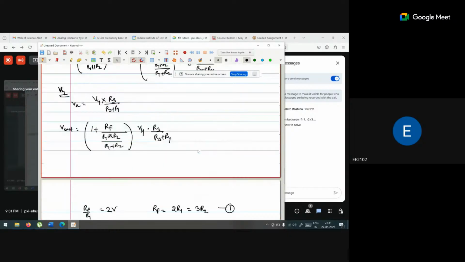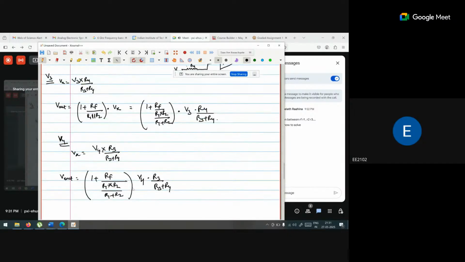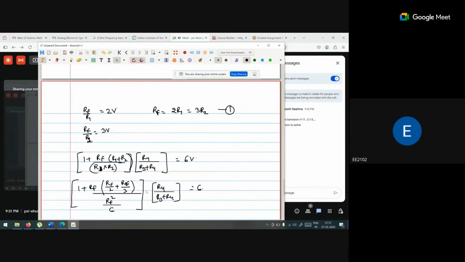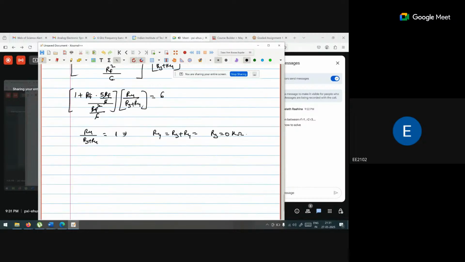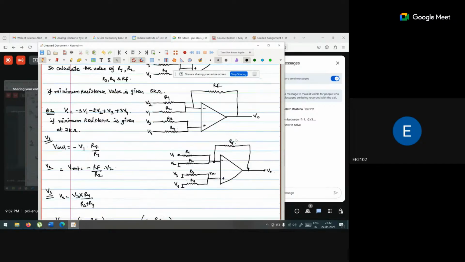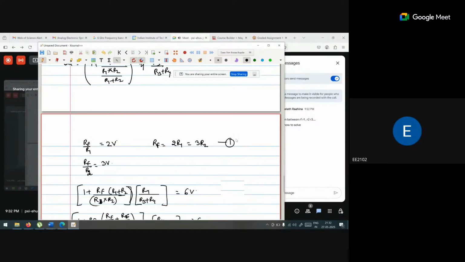Similarly, can we calculate the V4 term? Equate the V4 term. So again, this one is 6, multiplied by R3 upon R3 plus R4. That is equal to how much? 10.